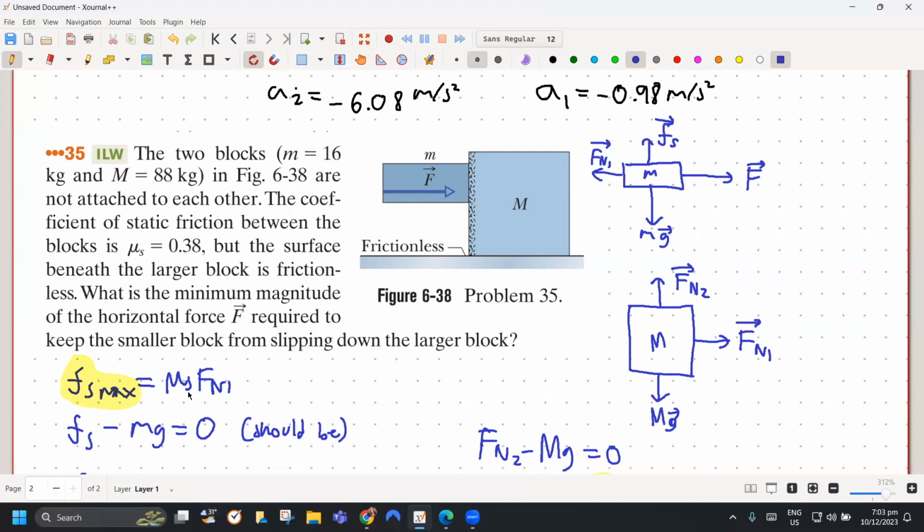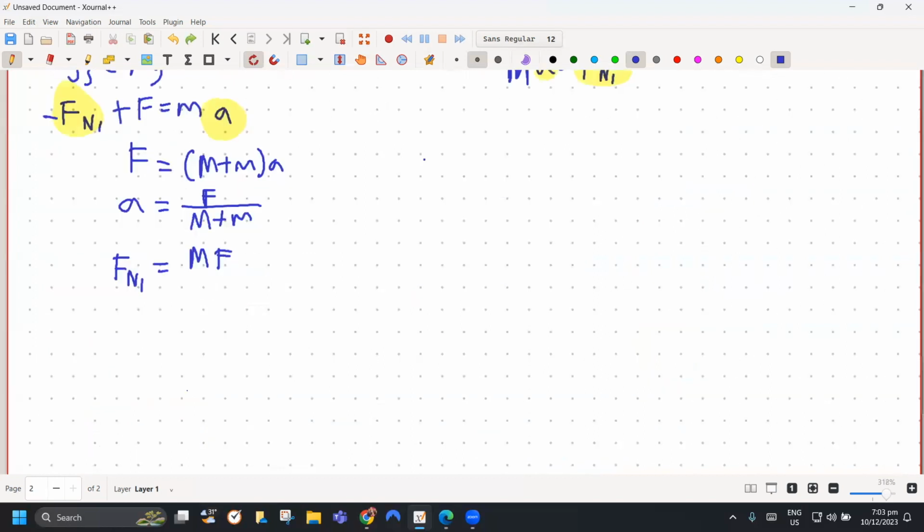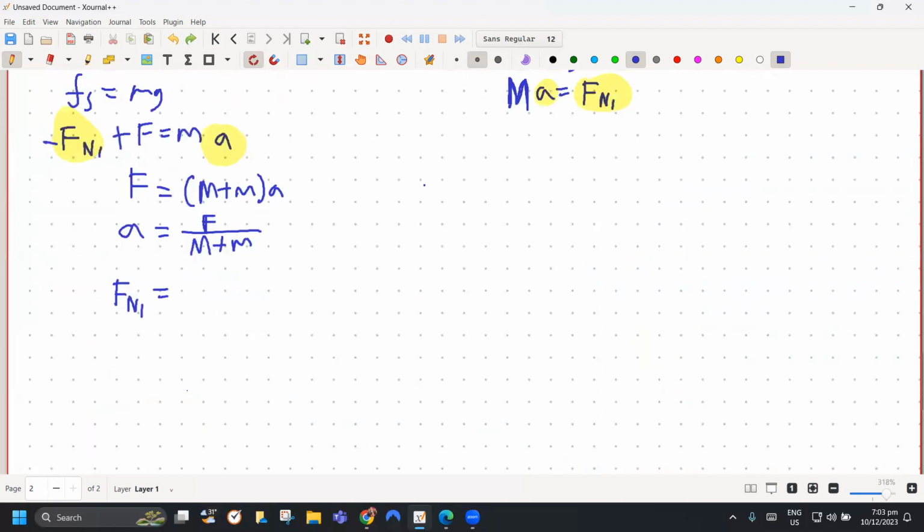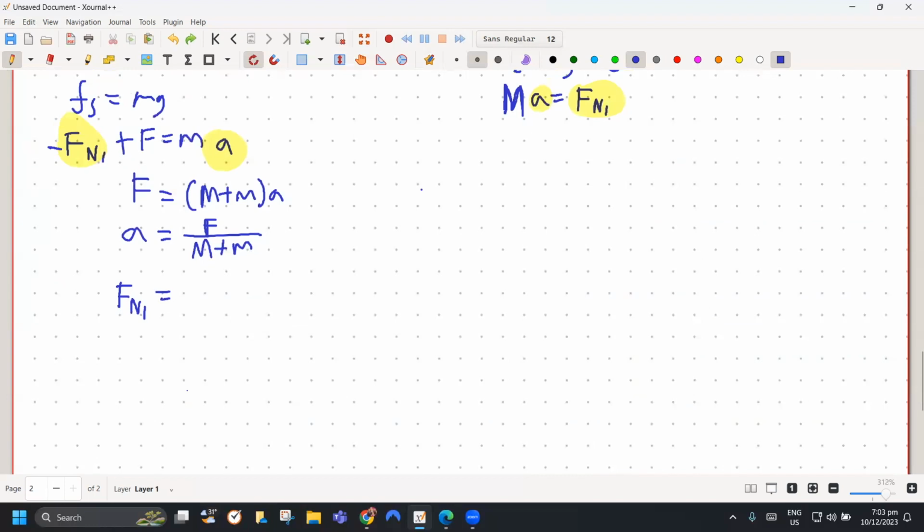Baba ka uli. Hindi, tama yan. Big M times F over big M plus small m. So tama yan. I-box mo yan, because gagamitin natin yan.